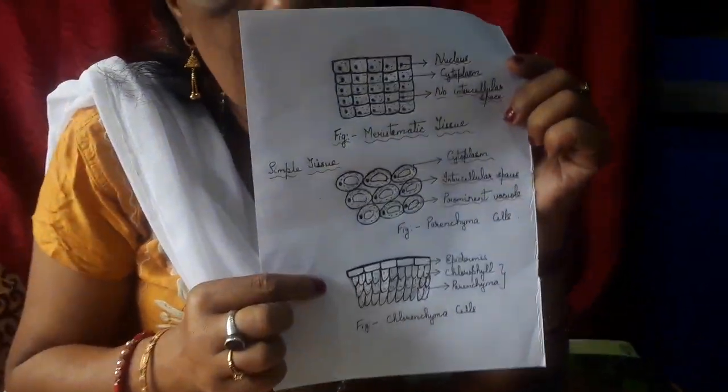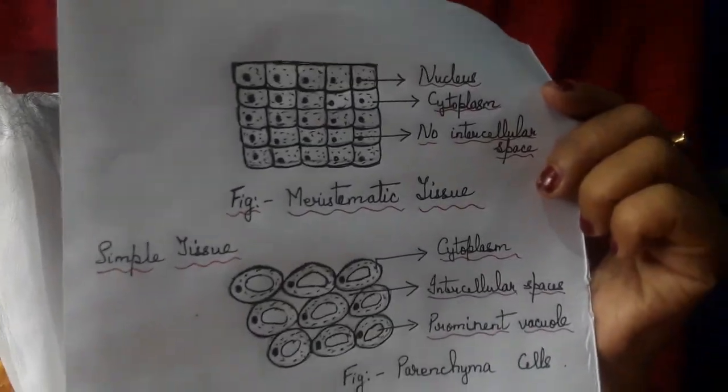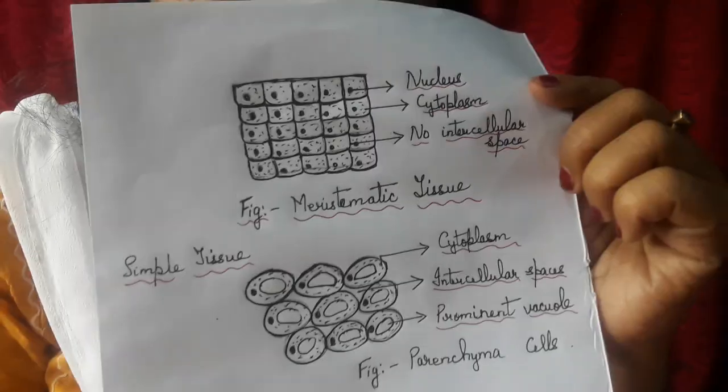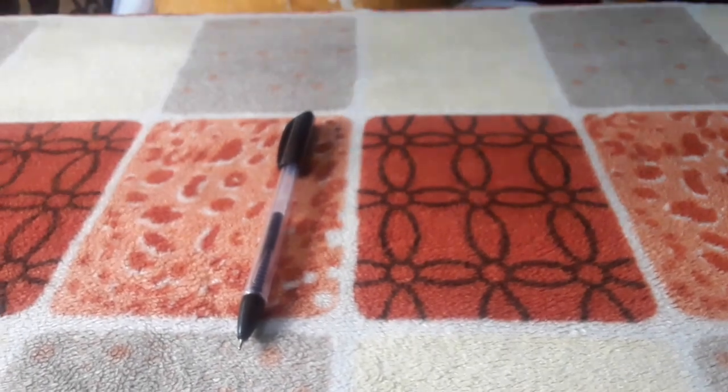So, these are the specific diagrams of the meristematic tissues. Let us go one by one.